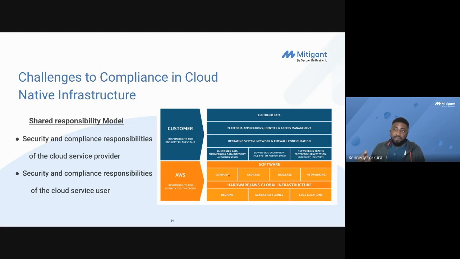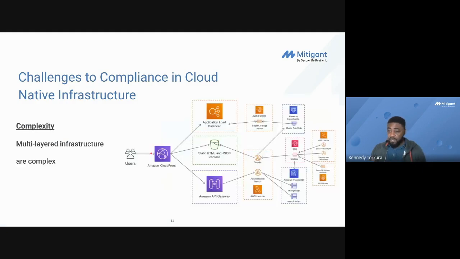Remember, at the end of the day, the cloud is physically located somewhere. It's made up of servers in big data centers, and everything about this data center, from the physical security to the security of the servers to making sure that the servers are available, all of that falls under the responsibility of the cloud service provider. So yeah, that's about the shared responsibility model.